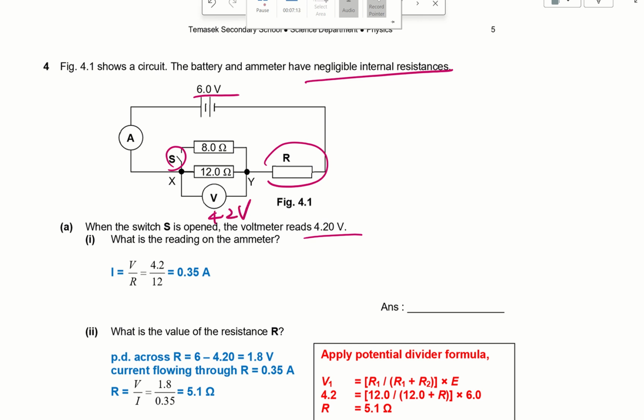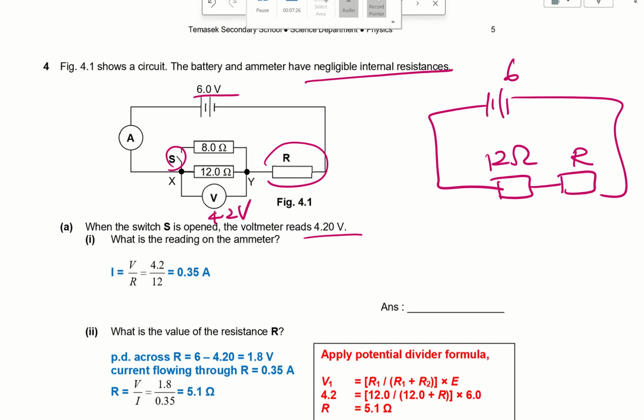Okay, so if switch S is open, it means that there is no current flowing through the 8 ohm. So effectively, I can draw it like that. Okay, 12 ohm, and then we have R, right, 6 volts. So the voltmeter actually reads 4.2 volts. Okay, which means the potential difference across the 12 ohm is 4.2 volts.